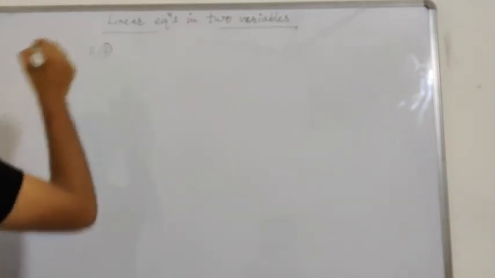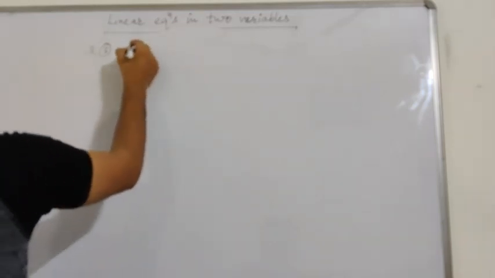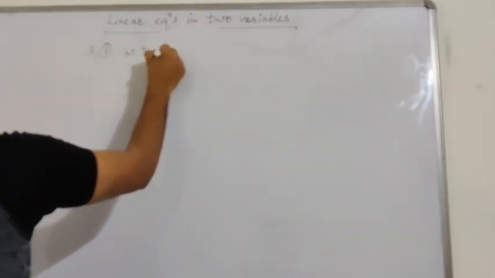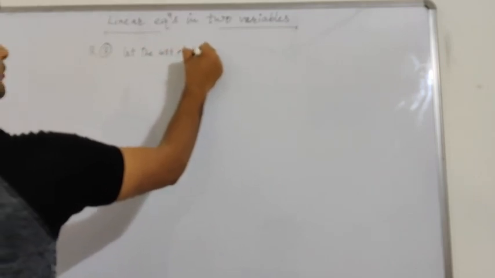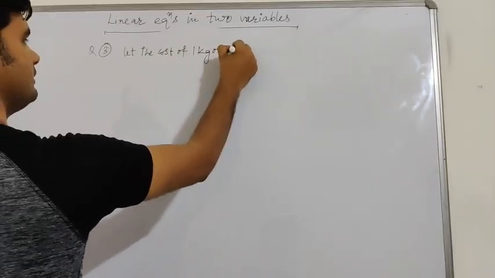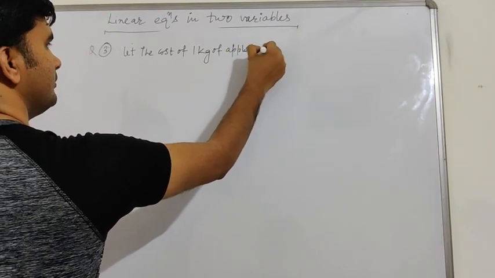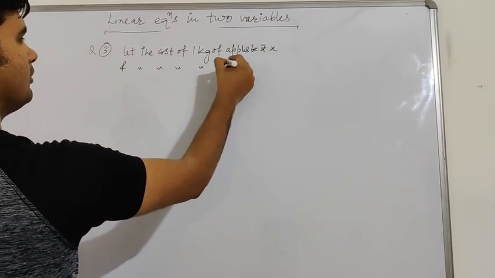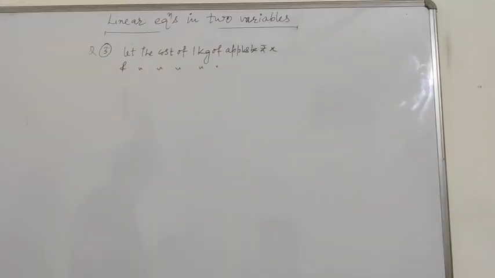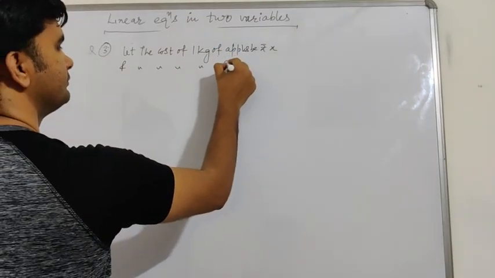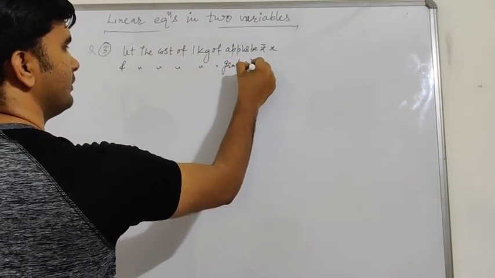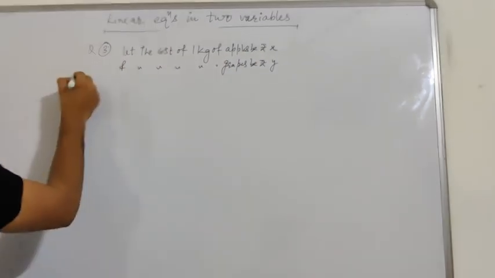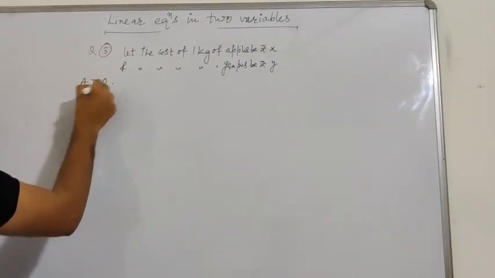Question number 3. Here two different things are there: cost of 2 kg of apples and 1 kg of grapes. So we will assume, let the cost of 1 kg of apples be rupees X, and the cost of 1 kg of grapes be rupees Y. Now move according to the question.